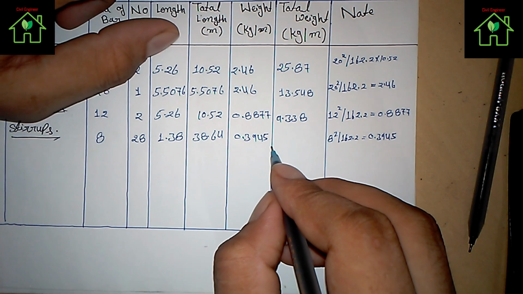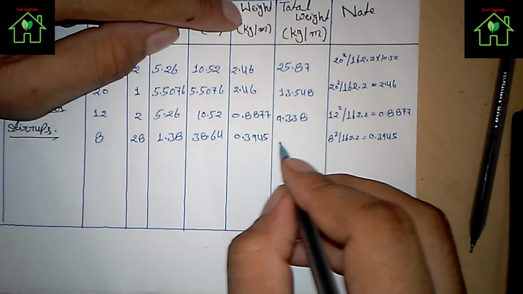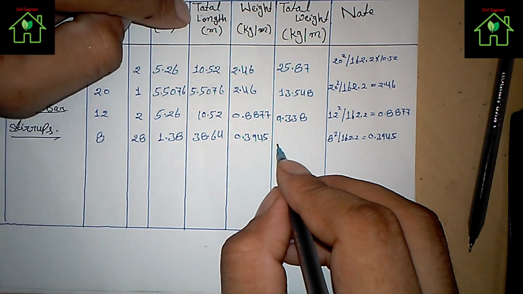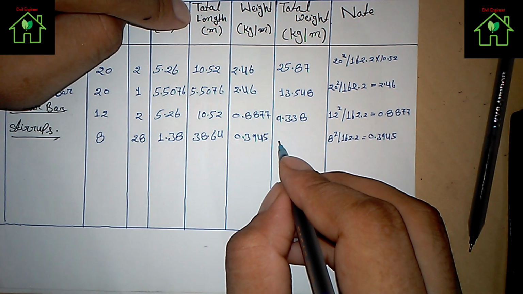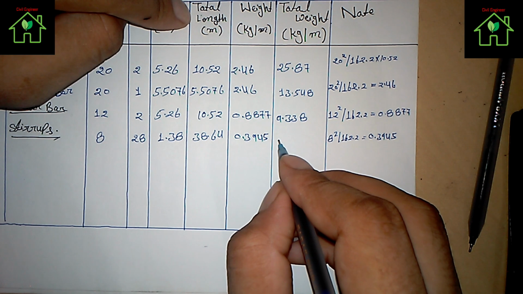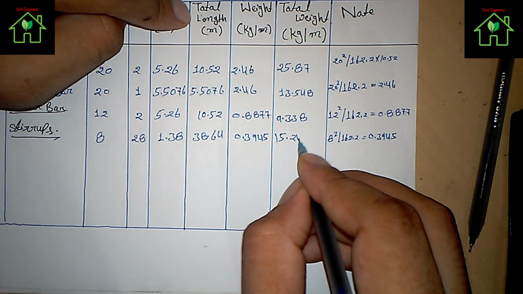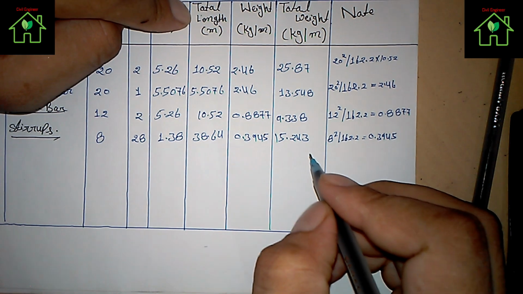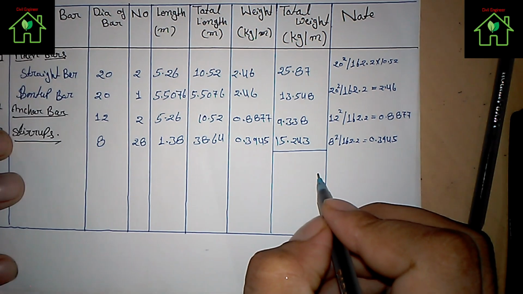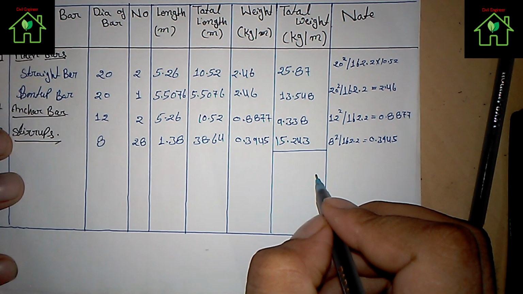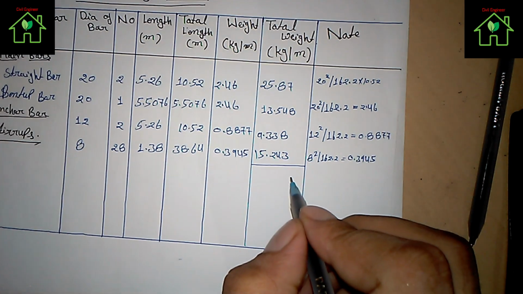What is the total weight, weight into total length? The total weight of stirrup is 15.243.